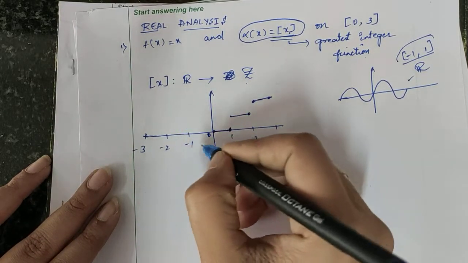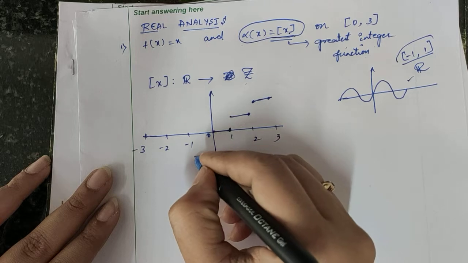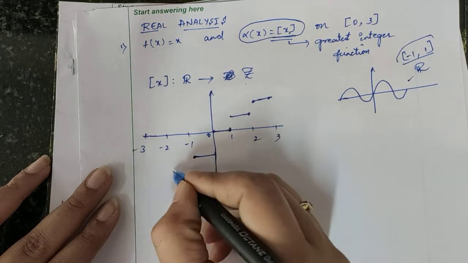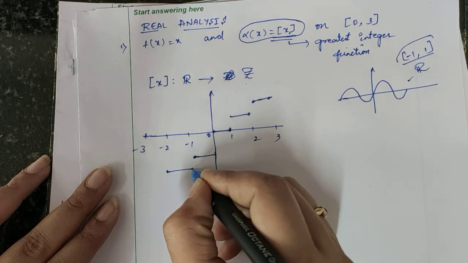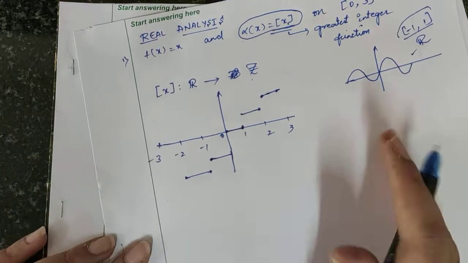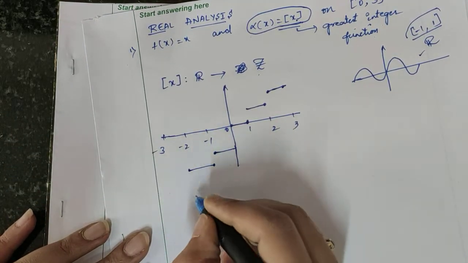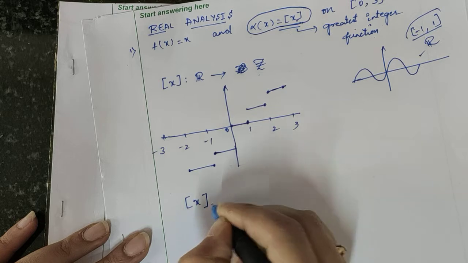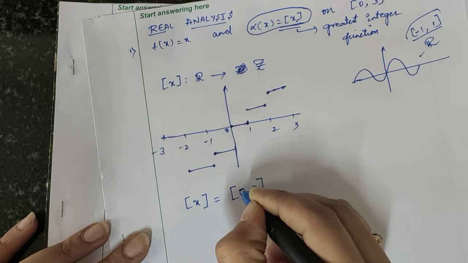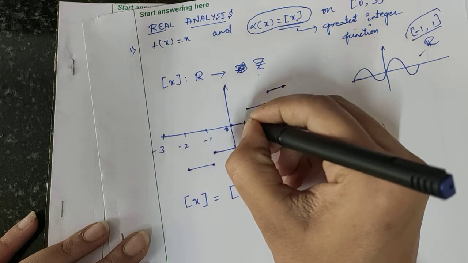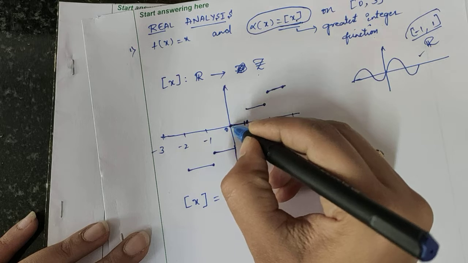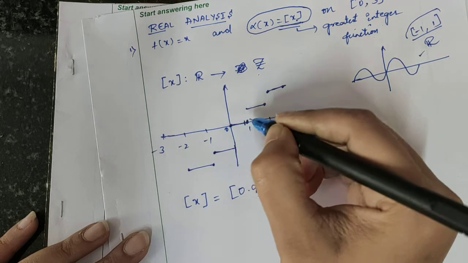Similarly for negative values. What happens here is, if the value of x is 0.9, that is somewhere here, we will consider the greatest integer before this.